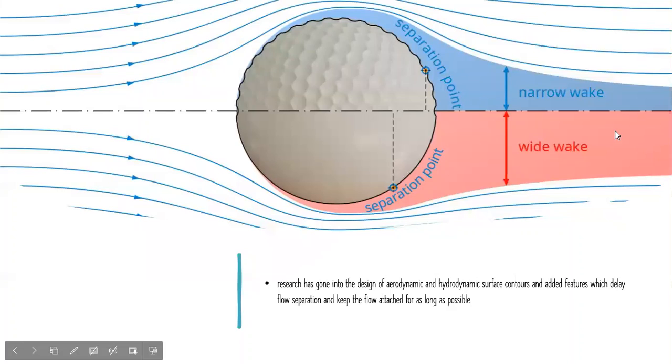So what shall we do now? If this continues, there is a huge disadvantage. So how can we make this an advantage? We can delay the separation point, and if we do, we can achieve a great thing.